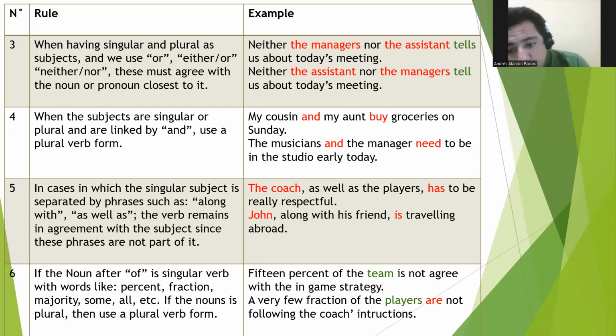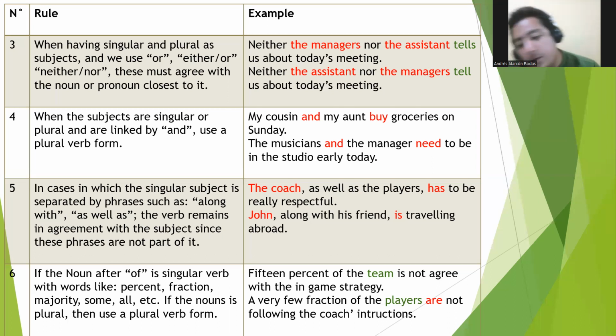Entonces, so in this case, all right. 50% of the team is not agree with the in-game strategy. In this case, it's agreeing with the team, so I have to use the verb to be, is, because the team in this case is singular. So in the other case, a very few fraction of the players are not following the coach's instruction.